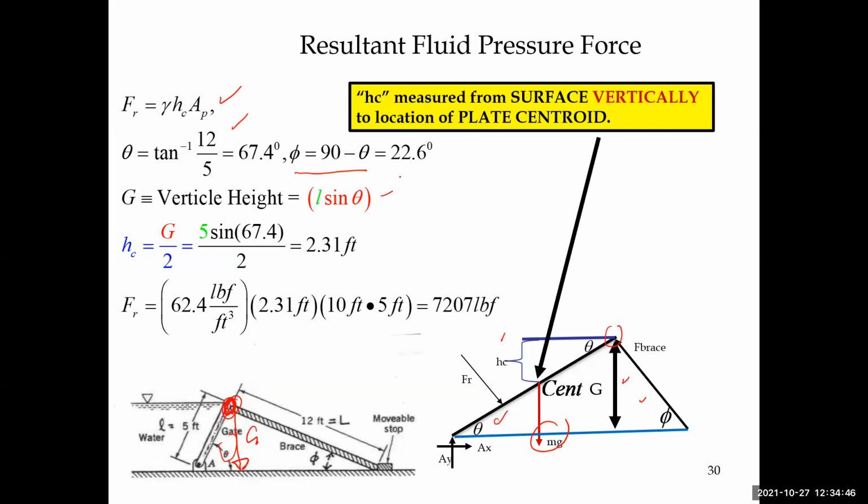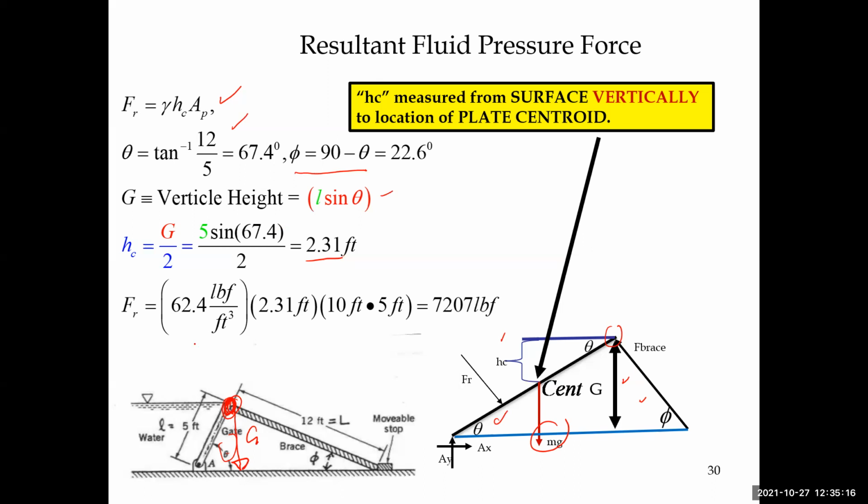Once I know the vertical height from the tip to the base, then H of C is simply g over 2. So H of C would be 5 times the sine of theta over 2, or 2.31 feet. So now I have all the information I need to find the resultant of my pressure force.